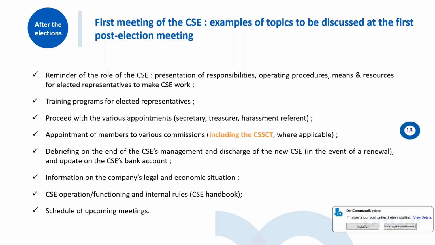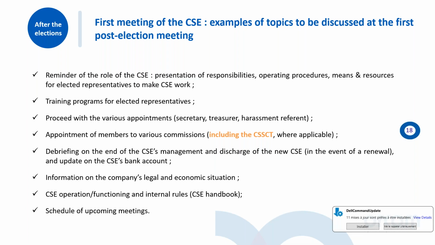And it's also the time to proceed with the various appointments. For example, you'll have to nominate a secretary, a treasurer, and also a harassment reference. This is true in CSEs of companies over 50 employees.